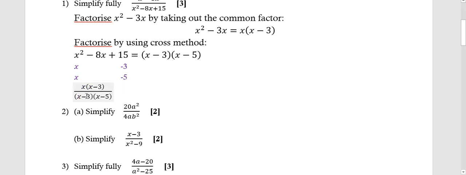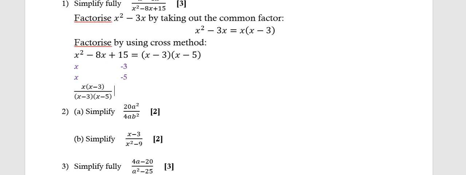It seems that in between there is multiplication, and there is one term that can be cancelled because it is common to both, which is the term that contains x minus 3.